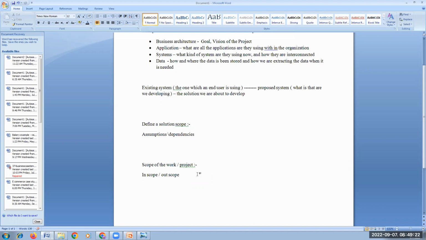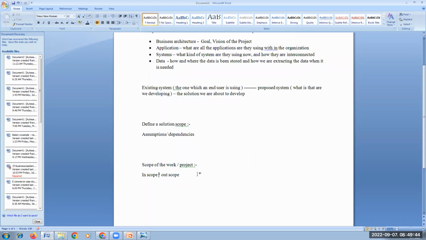Whatever the scope of the project we have identified and defined will be deviated due to these factors. This is what we call out scope. So in scope is different, out scope is different. In scope is nothing but what is in our control. Out scope is nothing but what is not in our control, right? So these are the two things.